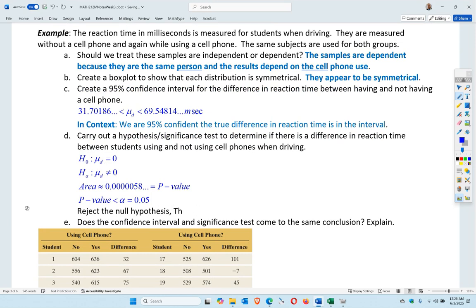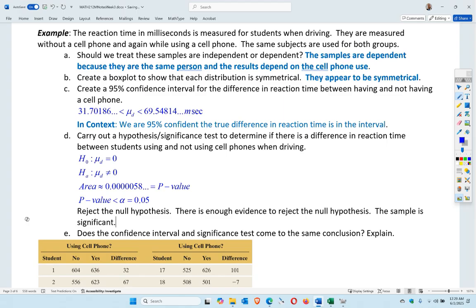There is enough evidence to reject the null hypothesis. The sample is significant, which means it's in the shaded region, basically.